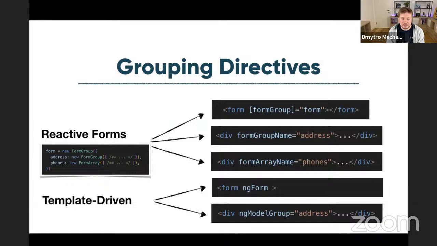By the way, in template-driven forms, ng form is not necessary to add explicitly. It will be added automatically once you import the forms module, but I just added this to be more explicit. So yeah, five directives are responsible for grouping.